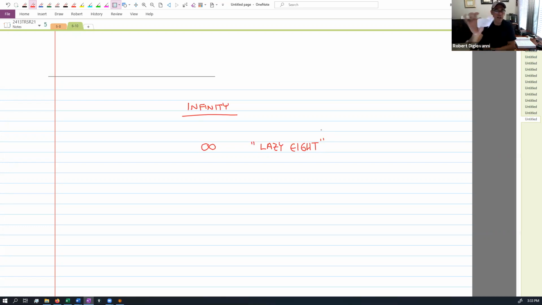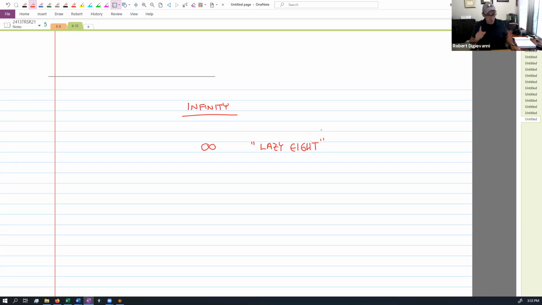So your thumb and your index finger are on the same side of this sheet. If you were an ant walking on that sheet, you would walk forever, infinitely. You would never run into the edge. Does that make sense? That's kind of where this infinity symbol comes from.